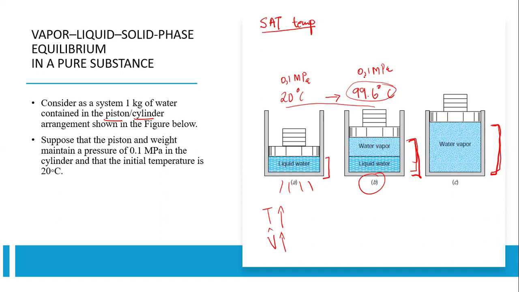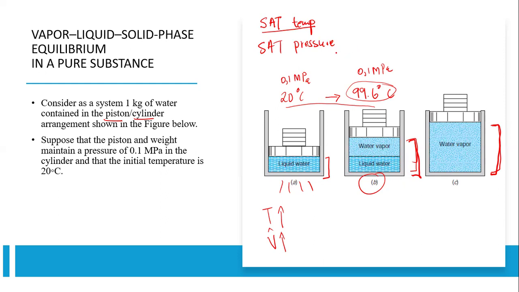When you define saturation temperature, you relate it to pressure. When you define saturation pressure, you relate it to temperature. There is saturation temperature, there is saturation pressure. So when you say saturation temperature, you say at given pressure. When you say saturation pressure, you say at given temperature.